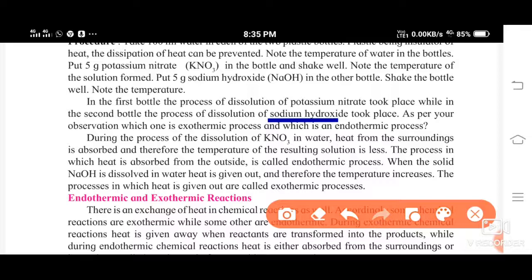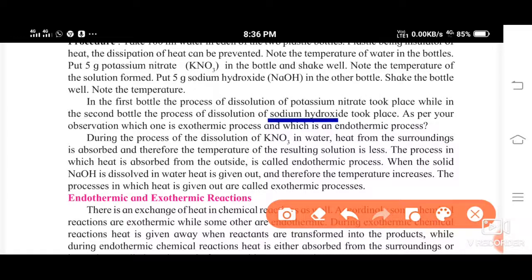Now see what you have observed. In the first case, when you add potassium nitrate and shake it, and touch the bottle, you will find that it has cooled down, and you have seen it on the thermometer also. The temperature would have decreased.